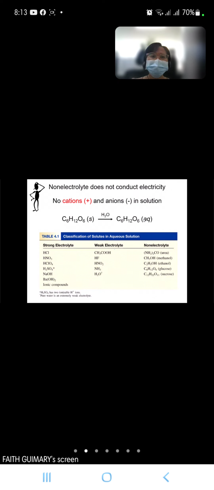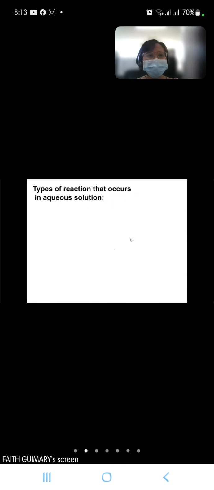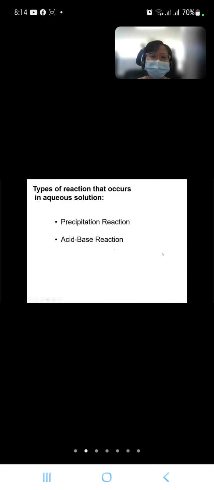Okay. So as I said earlier, there are types of reaction which occur in aqueous solution. We have the precipitation reaction, the acid-base neutralization reaction, and also the oxidation reduction reaction.